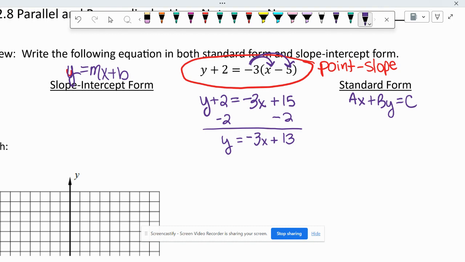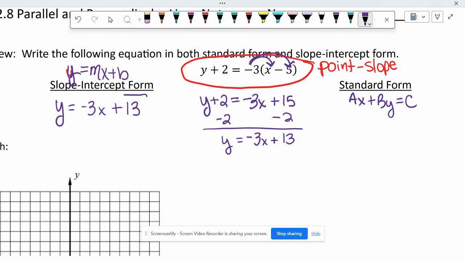Okay, so is this in slope-intercept form? Yes, it is. Y equals -3x plus 13. How do I turn this into standard form? How do I take this equation and make it standard?